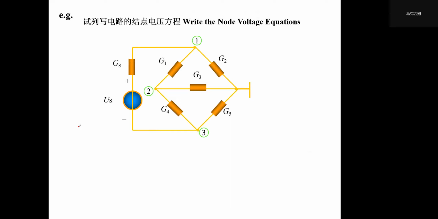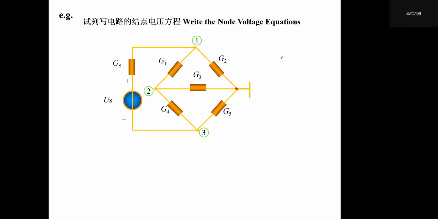For example, like this one, we have a circuit that contains 4 nodes, and we take this node as the reference node, and we call it the ground. We only have to write the equations for those 3 nodes.